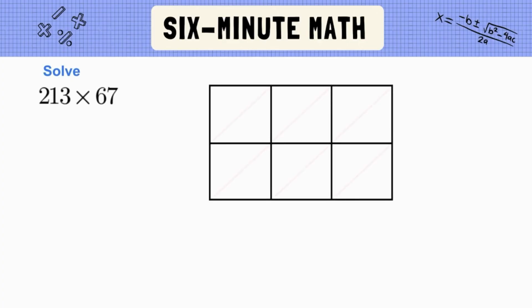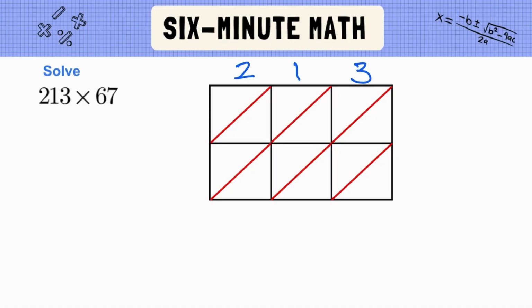How about if I'm solving 213 times 67? So we have 213 times 67. 2 times 6 is 12. 1 times 6 is 6.